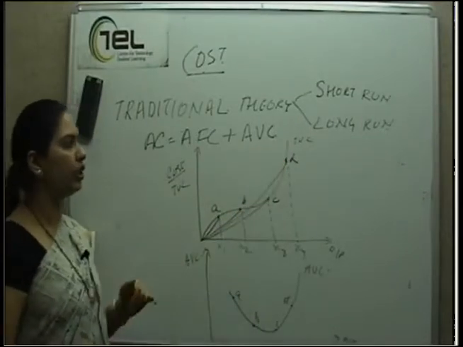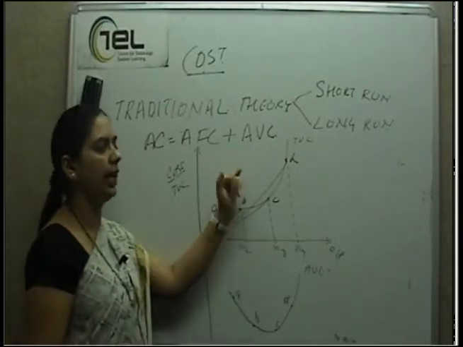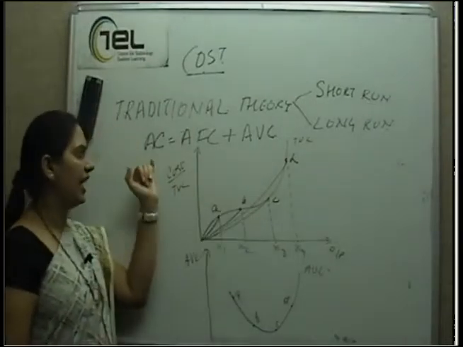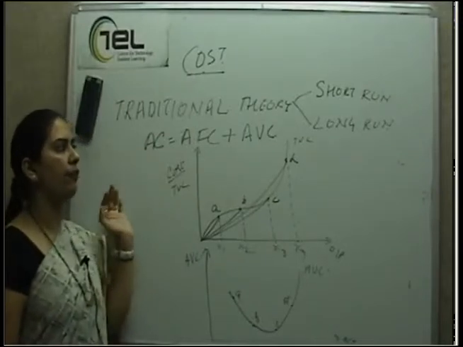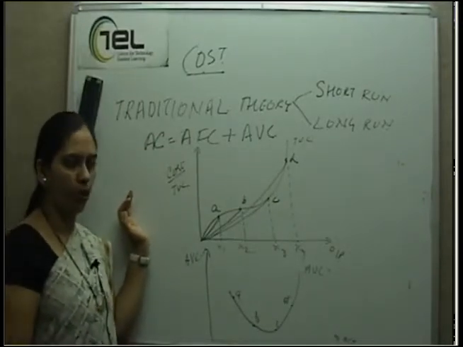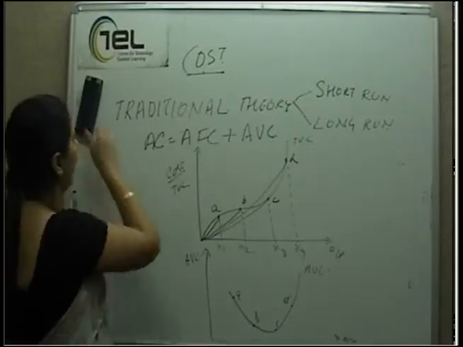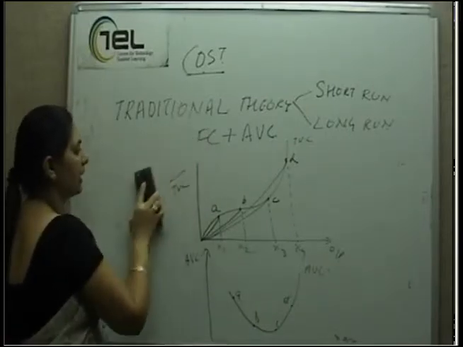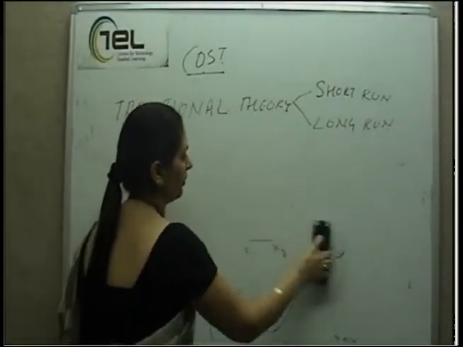So, in short, what we have understood till now is that AVC is derived from TVC and AC is derived from TC. Now, we are left with another concept in the short run, that is the marginal cost concept. Marginal cost, as we discussed, is the change in total cost.